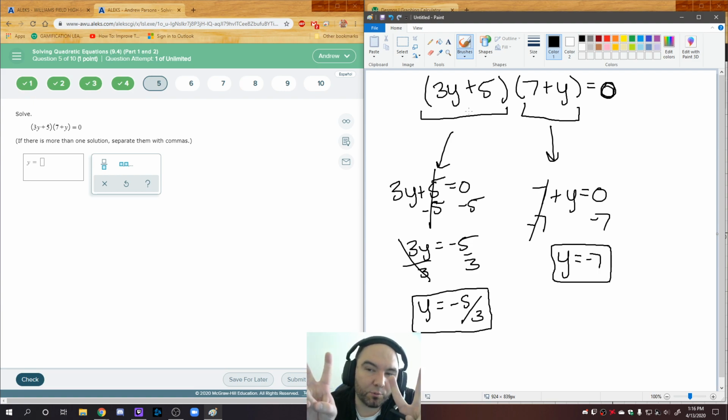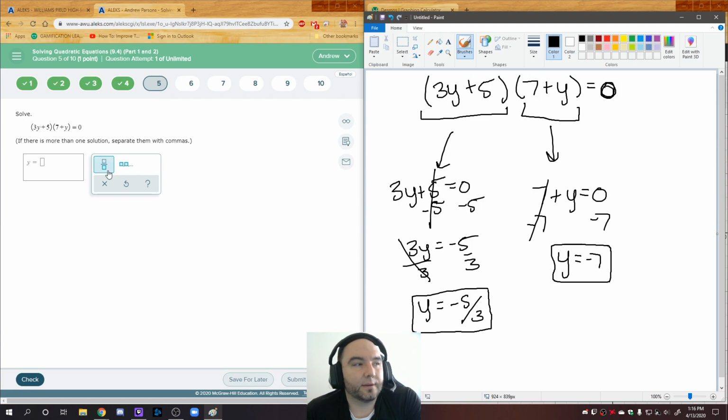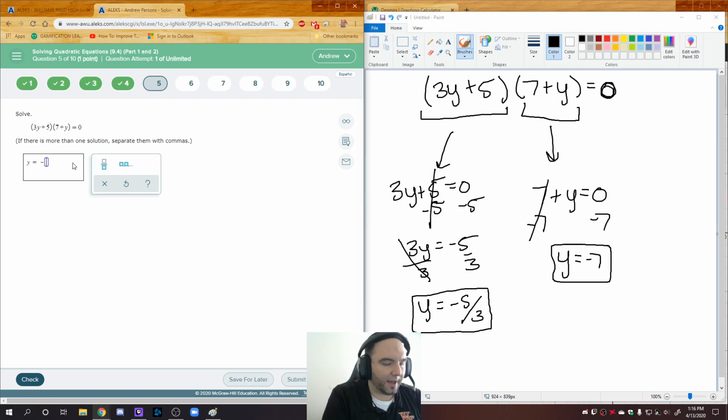The quick way to answer this is simply whatever the opposite of the lone number is, divided by whatever's in front of the variable. So in this first parenthesis case, the opposite of positive 5 is negative 5, and I put that over 3, the number that was with the variable. So you could answer it quickly. I'll say what I mean by that when we see the next problem.